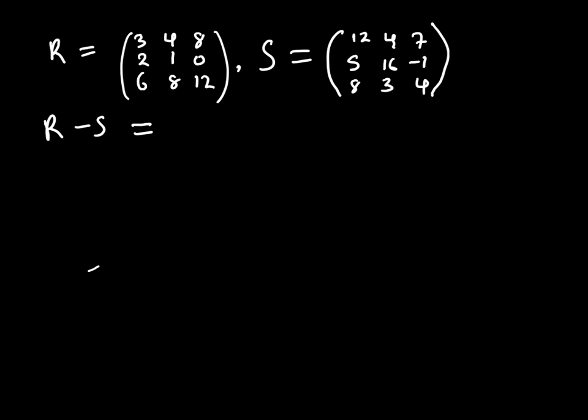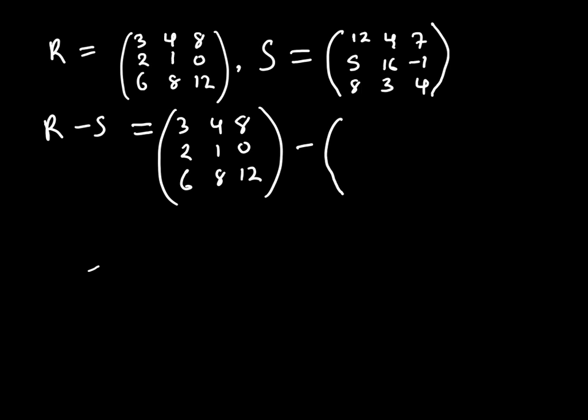So we'll have 3, 4, 8, 2, 1, 0, 6, 8, 12, and then I'm subtracting 12, 4, 7, 5, 16, negative 1, 8, 3, and 4.